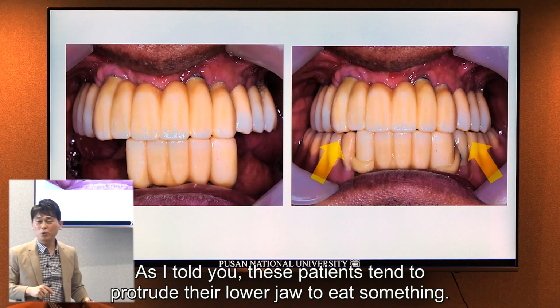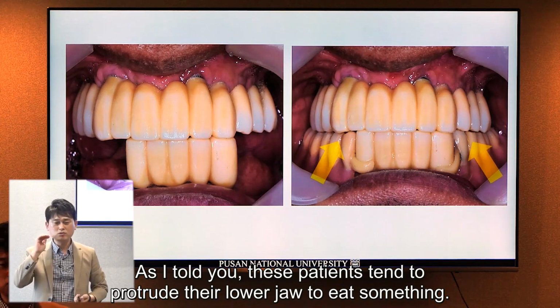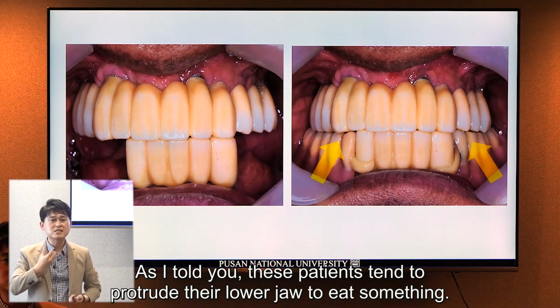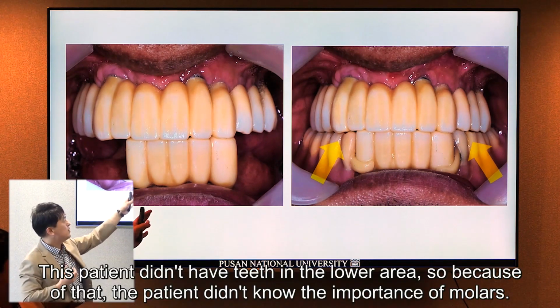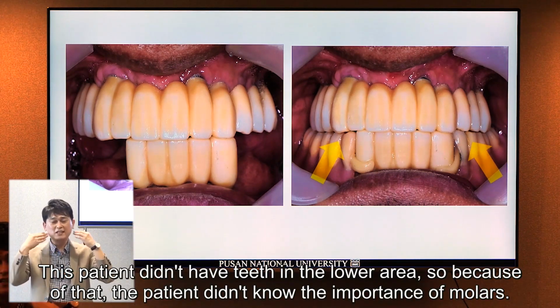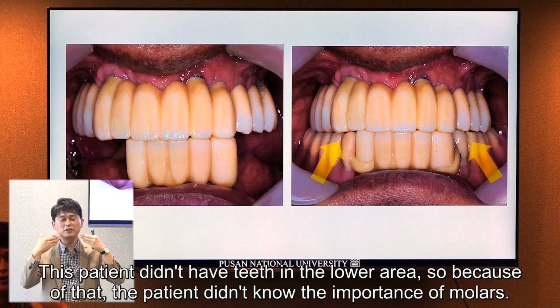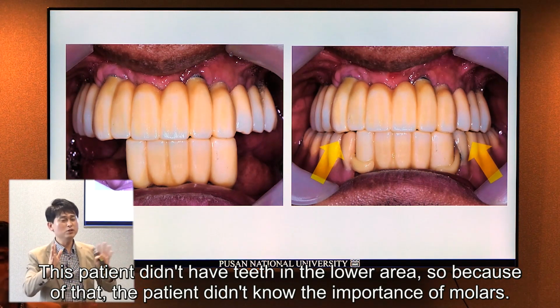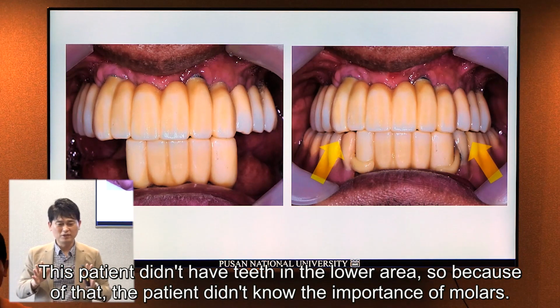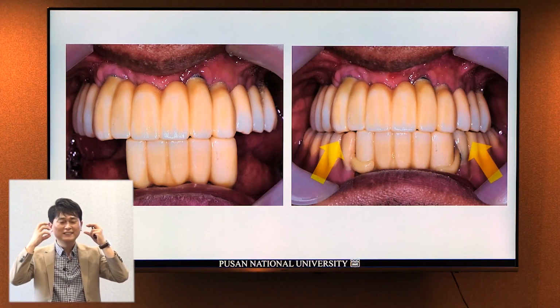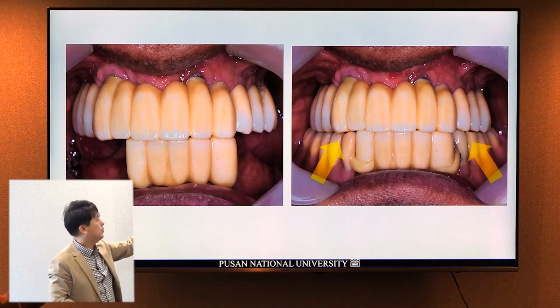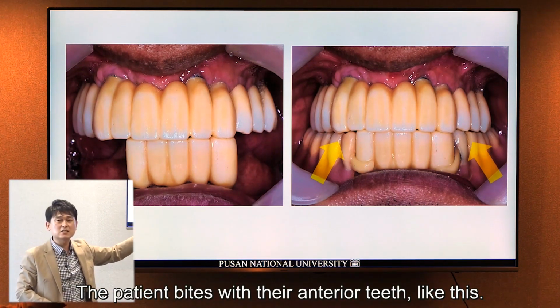But as I told you, the patient tended to protrude the lower teeth to eat something. This patient didn't have teeth in the lower part. Because of that, the patient didn't know the importance of molar function, molar biting. The patient bites with anterior teeth like this.